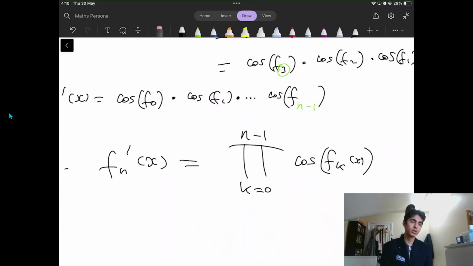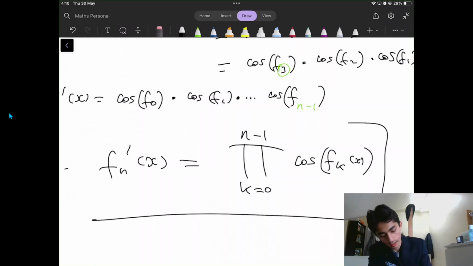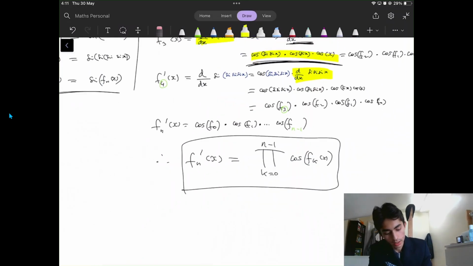Okay? If you wanted to, you could also do a shift of index. Instead of starting from 0 and ending at n minus 1, you could start somewhere else as well, but I'm not interested. But yeah, that's our sine function then, all right? So we get that fn prime equals the product from 0 to n minus 1 of cosine of fk.